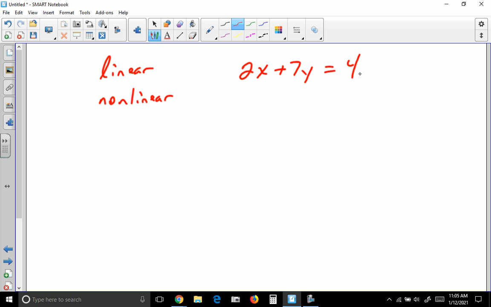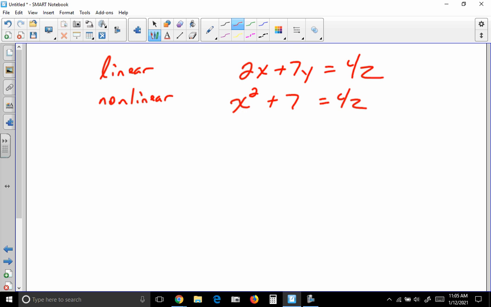If it has x's, y's, and z's, each of those is to the first power. On the other hand, if we have any of our variables to more than the first power or to any other power, could even be a radical, then they would be nonlinear.